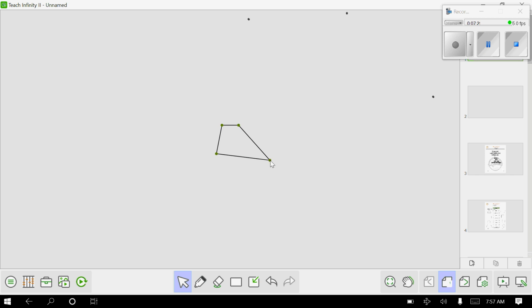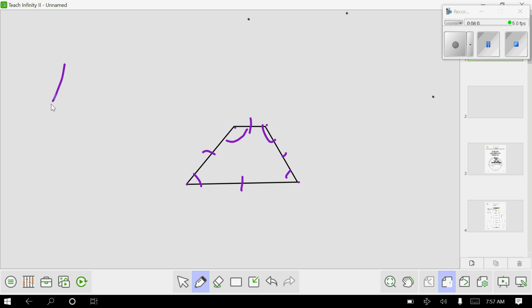Yes, this shape looks like a skirt. I call it a trapezoid. In the trapezoid, I have four sides, four vertices, and four angles, the same as the rectangle, the square, and the rhombus.